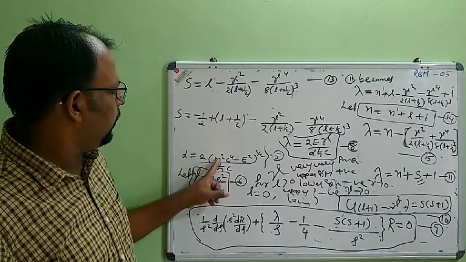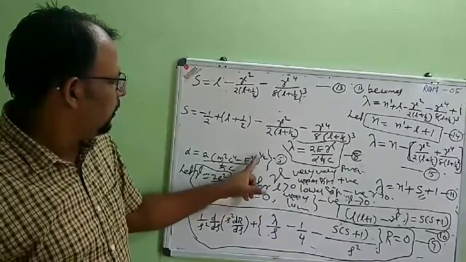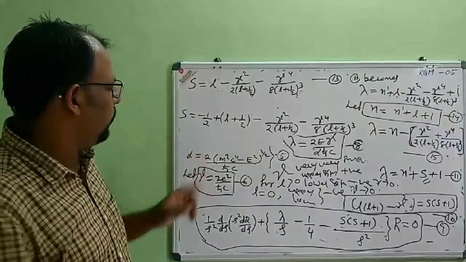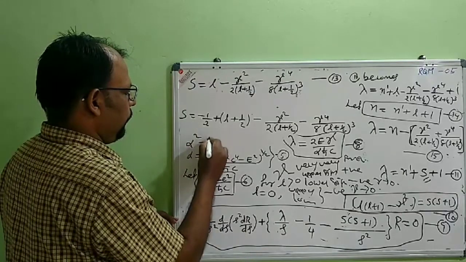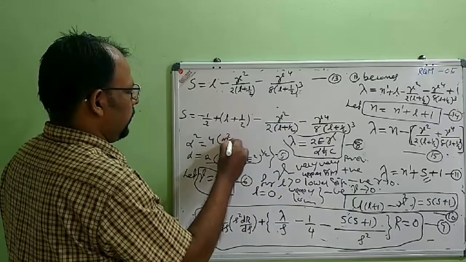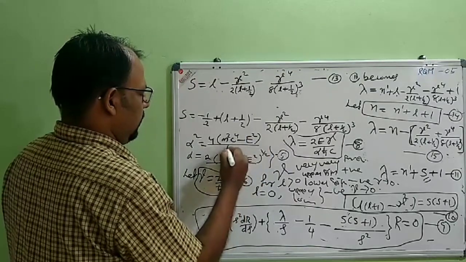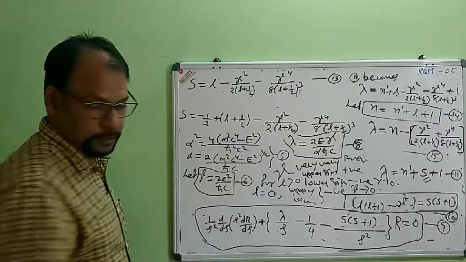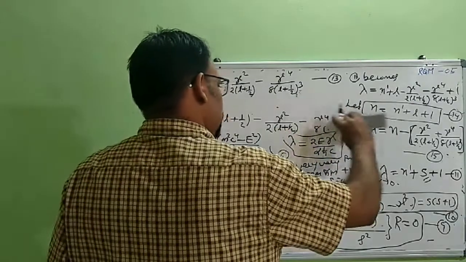Alpha equal to (2 m square c raised to 4 minus e square) the whole raised to 1 by 2 by h bar c. Here whole raised to 1 by 2 is there, so we will be taking alpha square. Alpha square is 4 (m square c raised to 4 minus e square) by h bar square c square. So for substituting the value of alpha square in this equation, we will square.